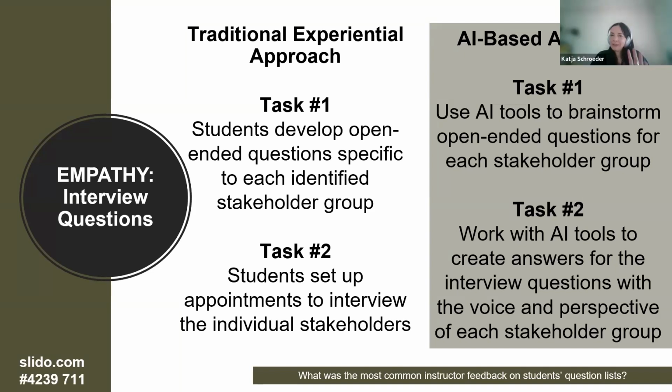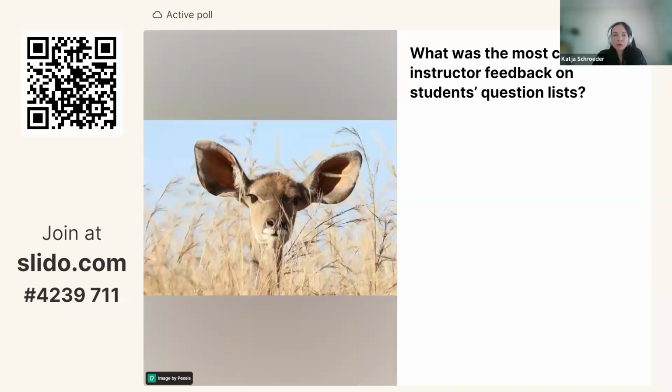Let's go to the question first, before we talk about the AI tools. So our question to you right now is, what was the most common feedback that instructors gave to students' question lists when they submitted the questions they were planning to use for the interviews? It's open, you can type anything.